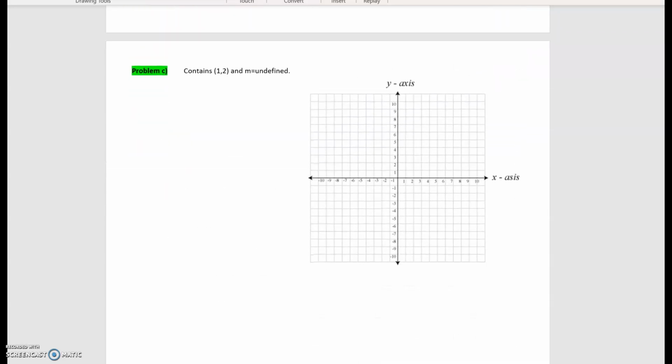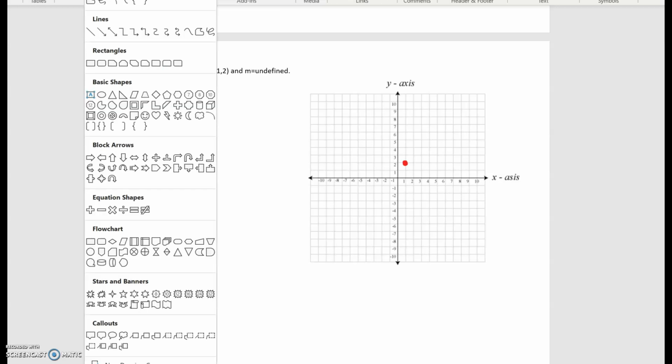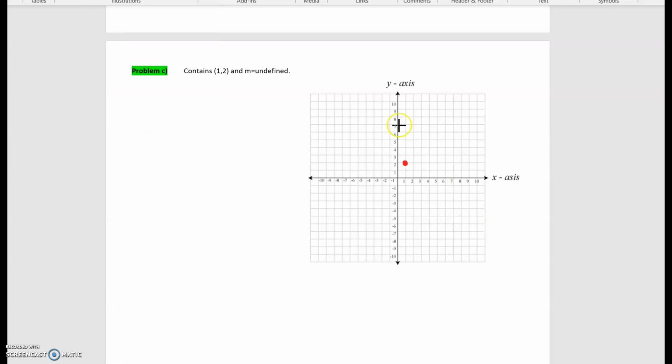Okay, let's take a look at problem C. They want (1, 2). So (1, 2) is here, and a slope that is undefined means that we're going to have a vertical line. So as we look at this one, it's going to be a vertical line going through the x value of 1.